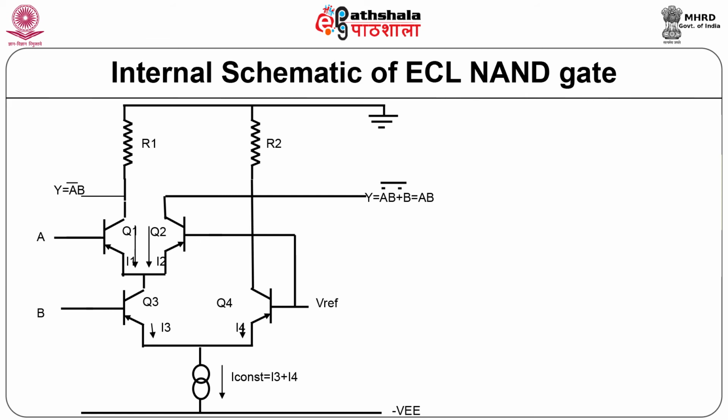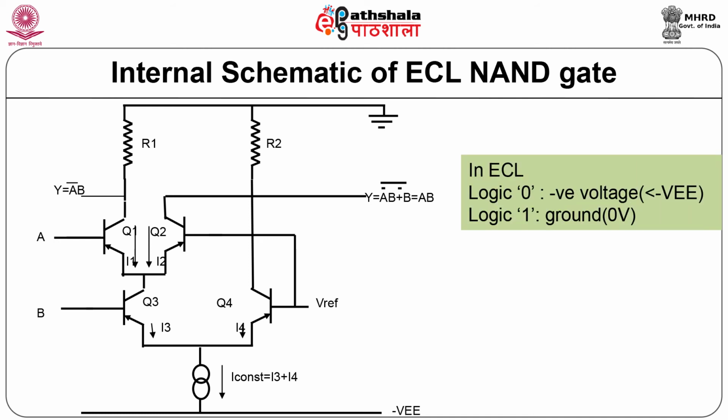That is, I3 is equal to I1 plus I2. The emitters of Q3 and Q4 are connected to a constant current source I, that is I3 plus I4. The bases of transistors Q3 and Q4 are connected to a fixed reference voltage, V reference.